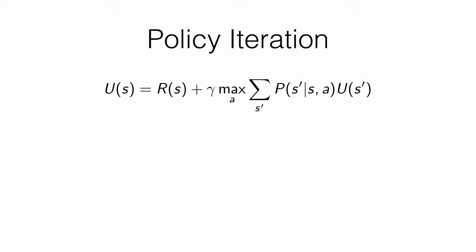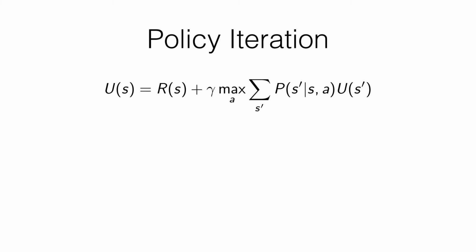You'll recall that what it means is that the utility value is the reward you get right away plus the expected future utility if you continue to play with the optimal policy, which is very recursive. It's a recursive concept, which is why U appears on both the left-hand side and the right-hand side of the equation.